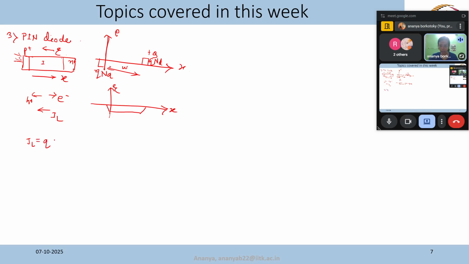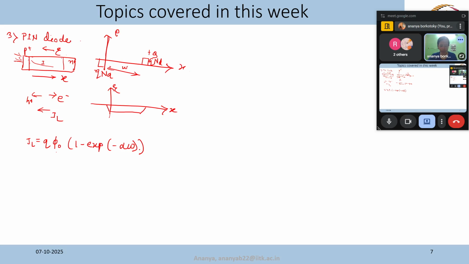Let me write down the expression: that is q phi naught times 1 minus exponential minus alpha into W. Here phi naught is the photon flux, and the photon flux decreases like this as the light is absorbed, and that is why we have the 1 minus exponential minus alpha W term.